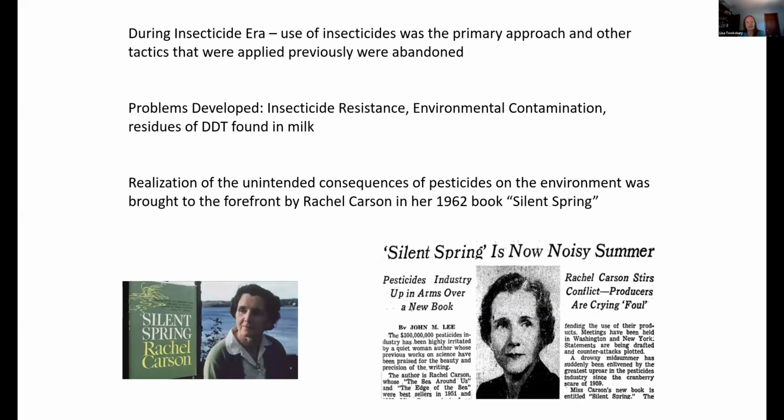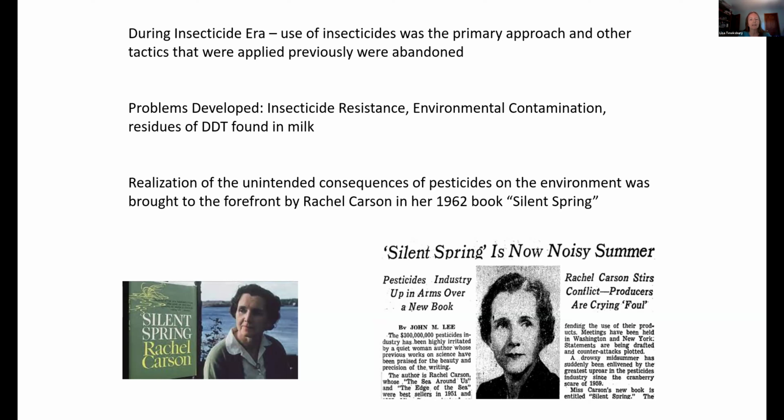One of the major historical events between back when insecticides were being really heavily used, during the times of DDT and everything, and now, where we're more concerned about doing integrated pest management, was the book by Rachel Carson called Silent Spring. When she wrote that book, it was a major upheaval in things.